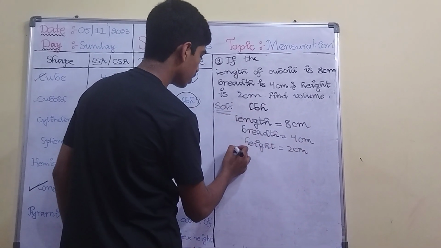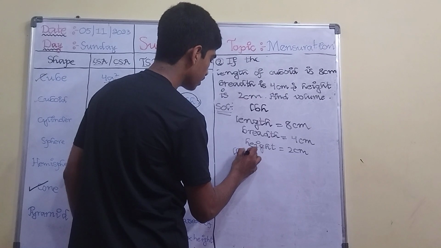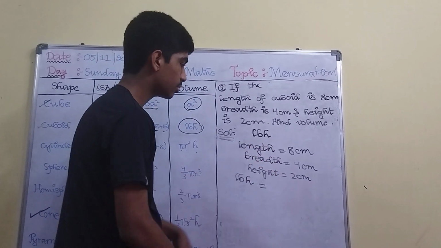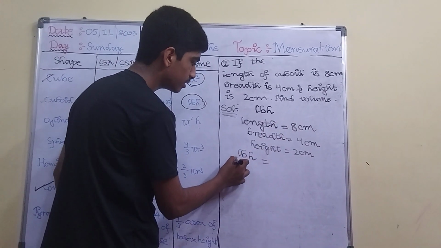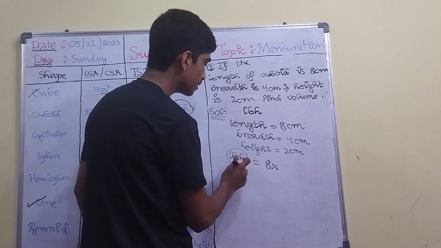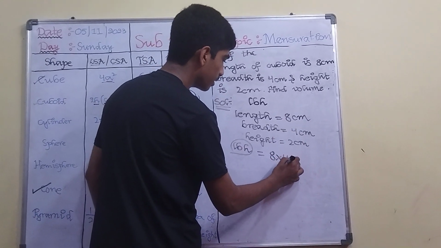Volume of cuboid is LBH. Length 8, breadth 4 and the height is 2. So we have to multiply all of these because these three are in multiplication. 8 into 4 into 2.